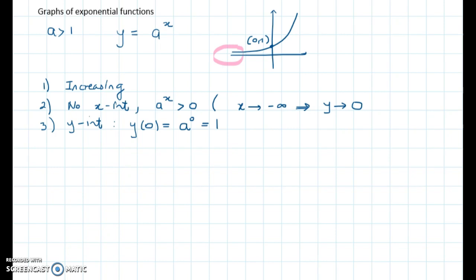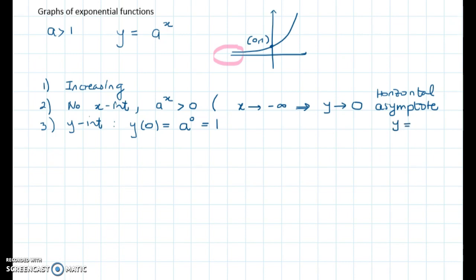This is what we call a horizontal asymptote. Horizontal, let me write the whole word because it's a new one. Asymptote. What this means is that this is horizontal, and this is a value that the function gets close to even though it's not touching.